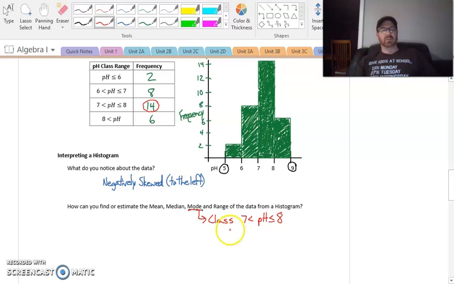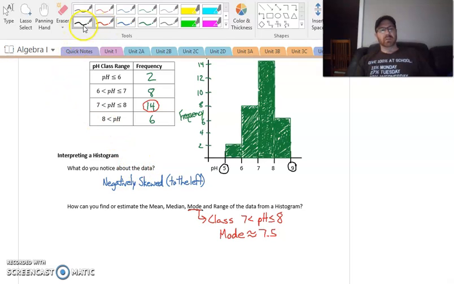So what do we say that is? Well, we would say that the mode is approximately 7.5. When you have these classes and you're asked for a specific value, you just use the middle of that class.